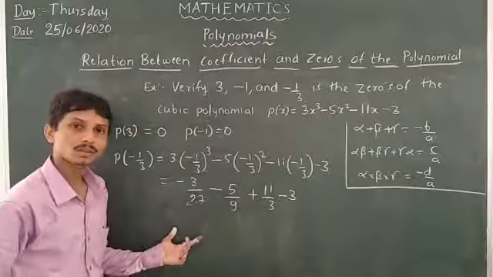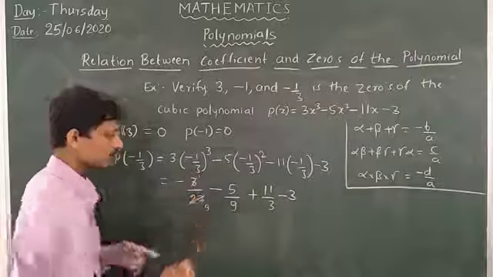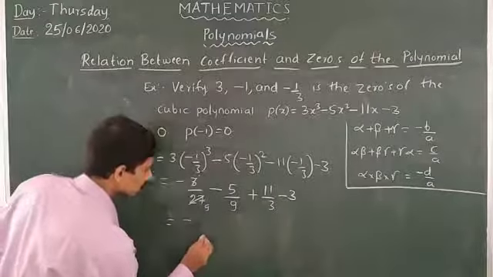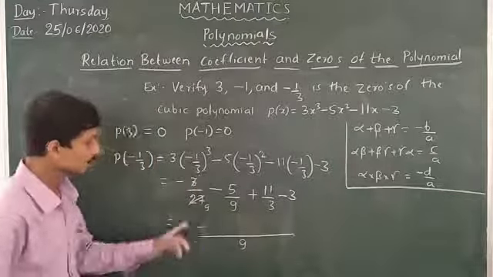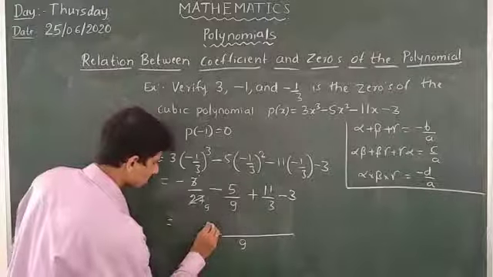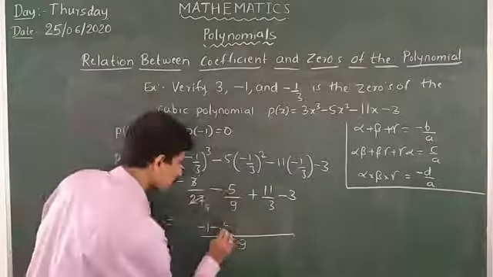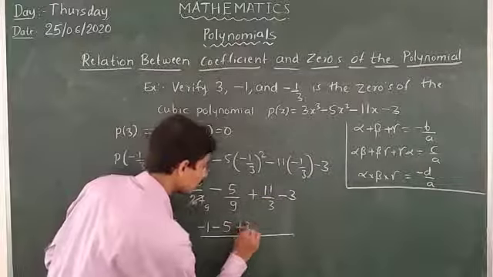We have to take 9 as the LCM. So 3 into 3 is 9, and 3 into 9 is 27, so we can take 9 as the LCM. Minus 1, then minus 5, then 11 into 3 is plus 33.